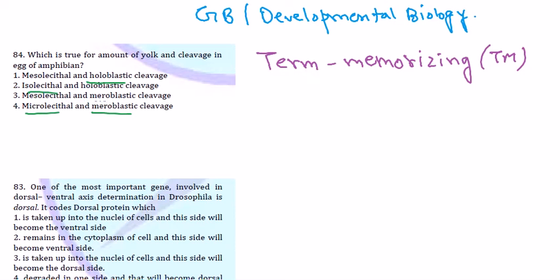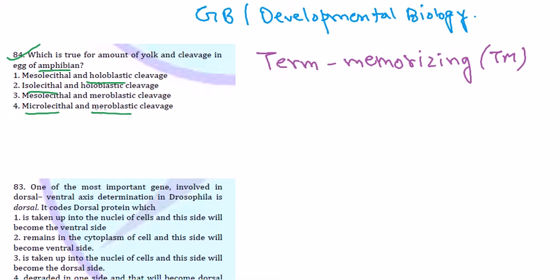Right. So lecithin is a type of yolk, and we need to know what type of lecithal it is in this case. But according to this, I know that the process in amphibians involves mesolecithal and holoblastic type of cleavage, so I can click on this, right? But suppose you know what holoblastic, mesolecithal, and microlecithal mean, but you are not sure whether it occurs for amphibians, or aves or birds, or mammals.